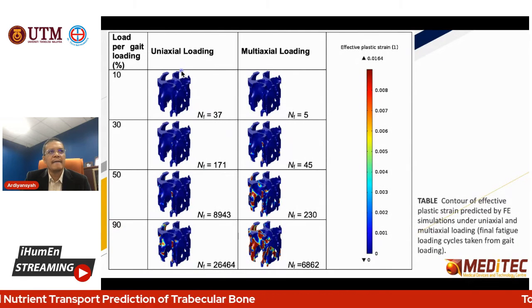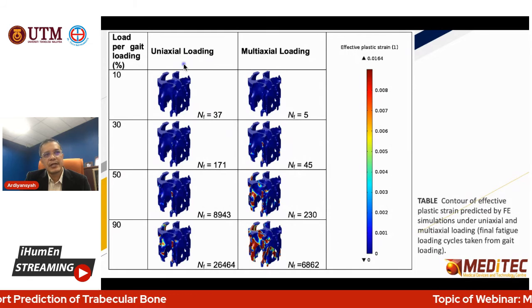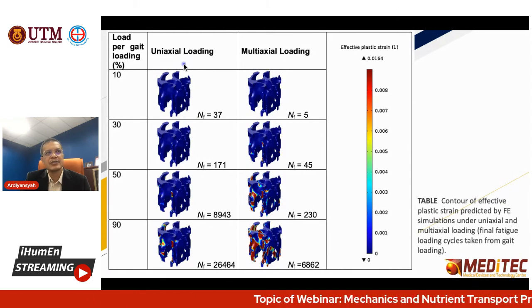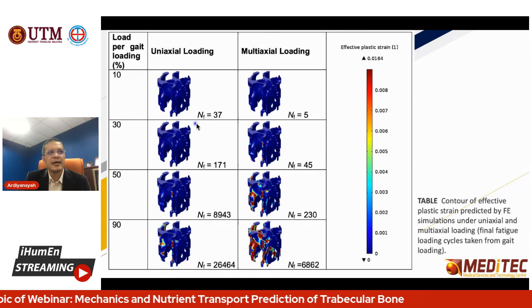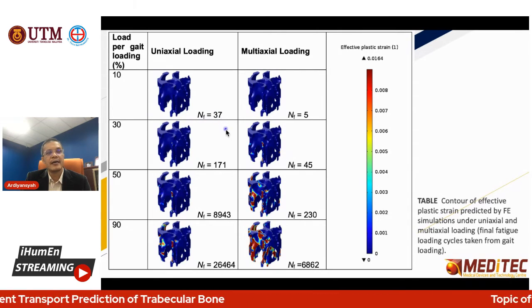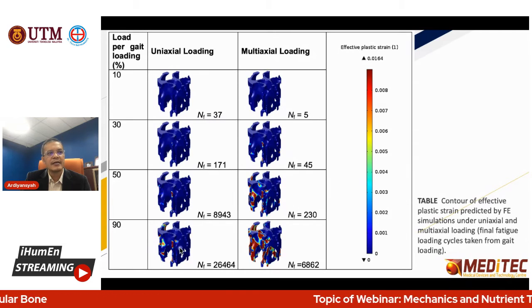Okay, this one is the comparison of uniaxial loading and multi-axial loading. You can check here at the 10 cycle, the number to failure is high. Then after that, it becomes a high percentage of the loading.